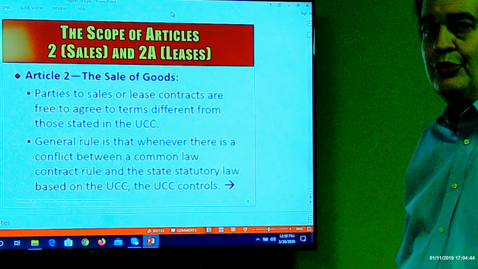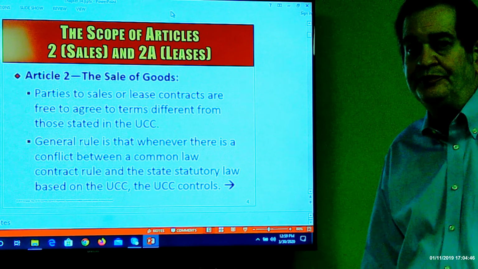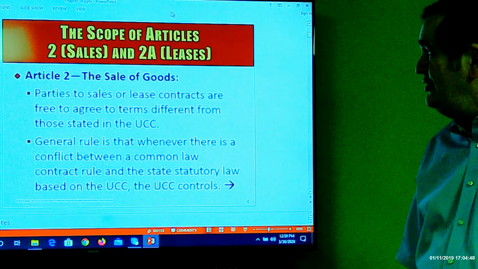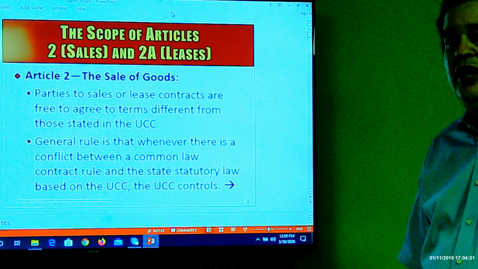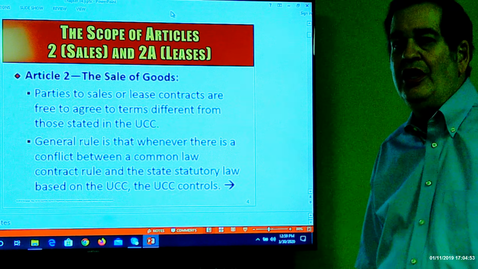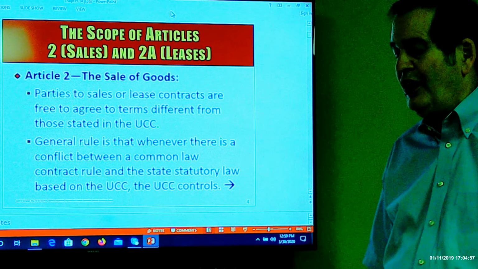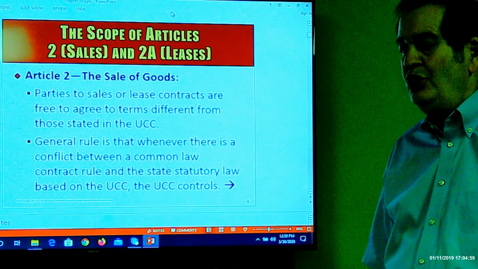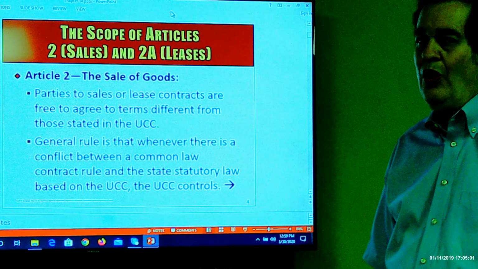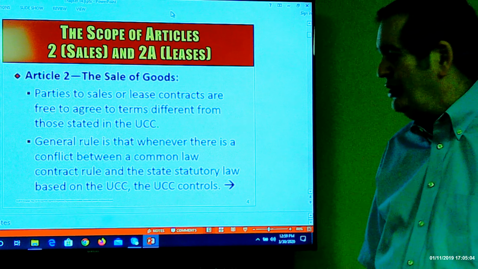So one of the principles of the UCC is that it allows the parties to freely contract with regard to any terms that they like, and the UCC only steps in when they don't enter into such agreement.